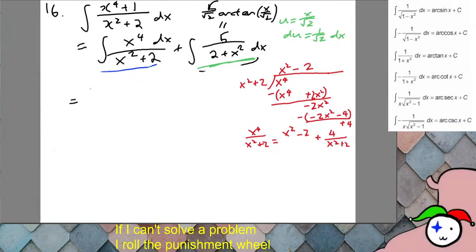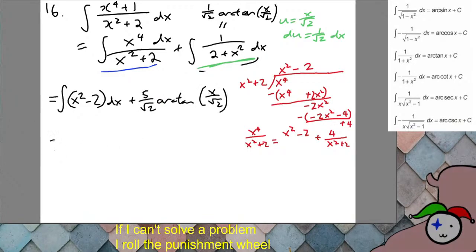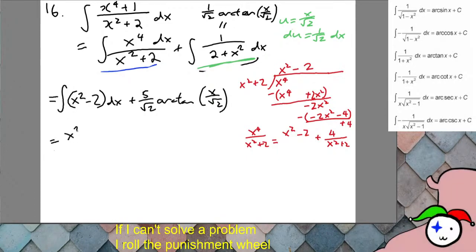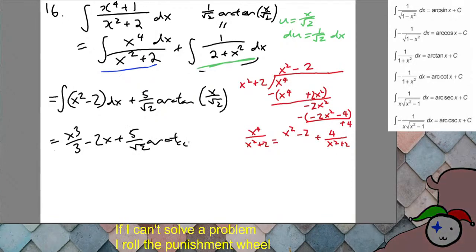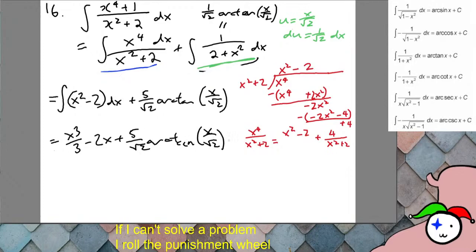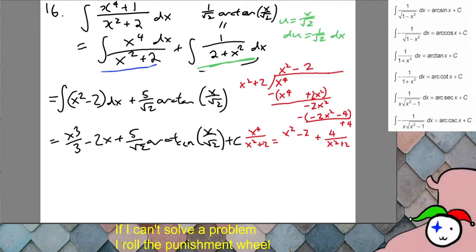So that is, well, don't do it like that, that's misleading, but equals x squared minus 2 plus 5 times root 2 arctan of x over root 2, which gives you x cubed over 3 minus 2x plus 5 over 2 root 2 arctan of x over root 2 plus c. And that is how you solve this one.